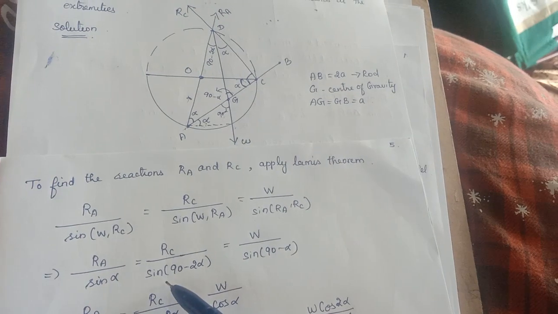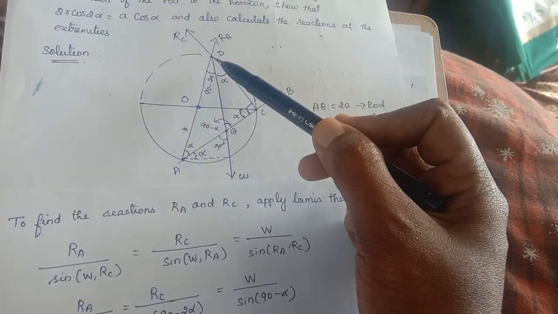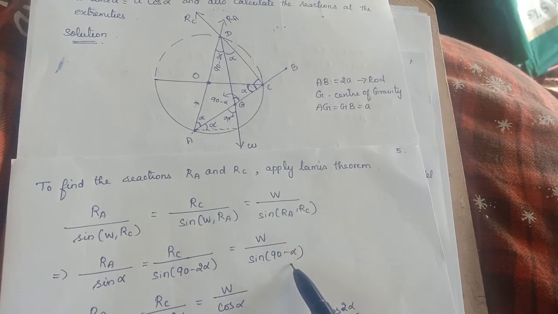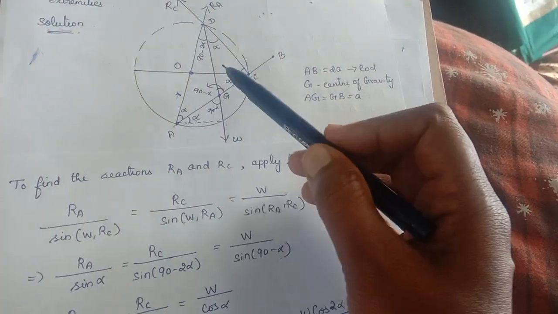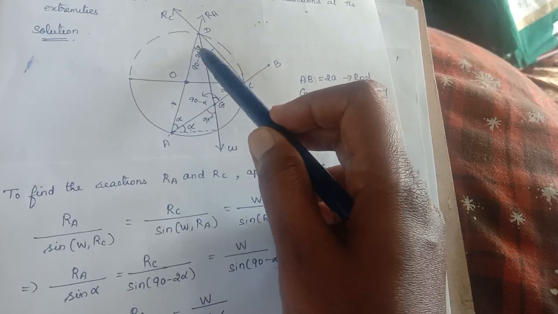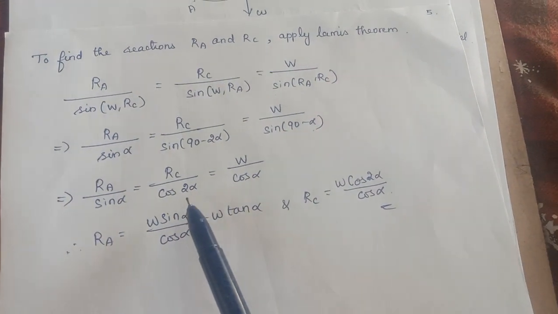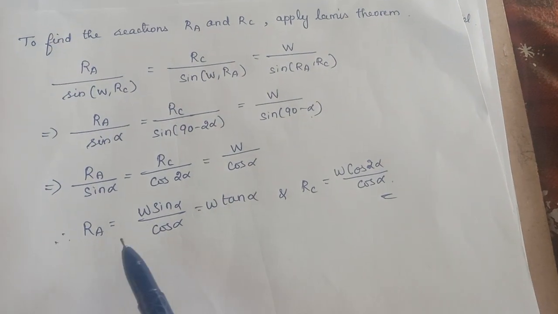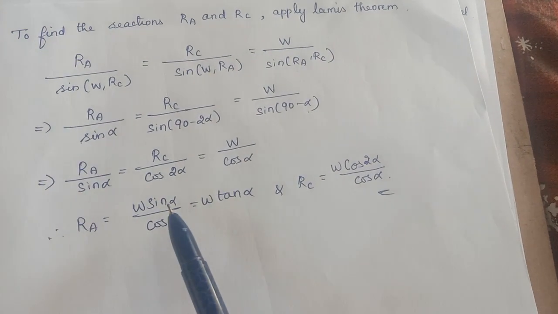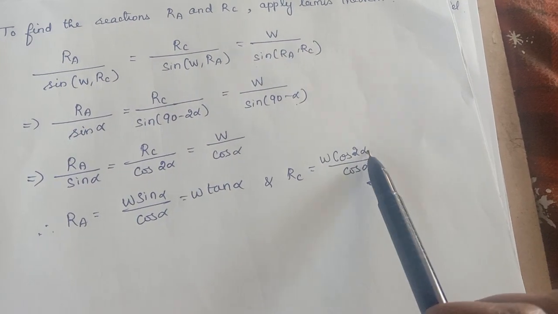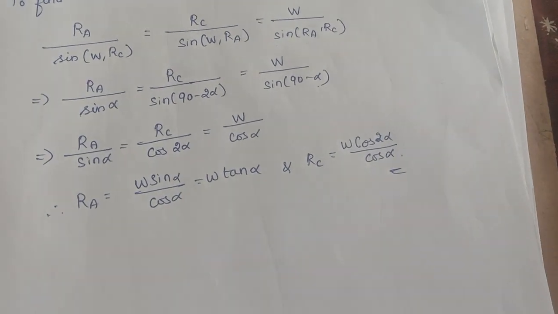Equal to RC by sine of the angle between W and RA, which is 90 minus 2 alpha, equal to W by sine of the angle between RA and RC. RA and RC is this total angle, no? It will be 90 minus alpha. So RA by sin alpha equals RC by cos 2 alpha equals W by cos alpha. Or simply RA equals W sin alpha by cos alpha, equals W tan alpha, and RC equals W cos 2 alpha by cos alpha. That's all. Thank you.